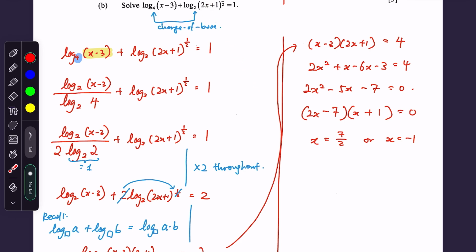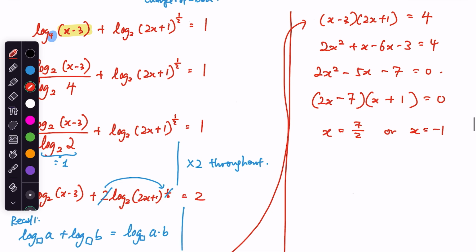However, when you take x equals negative 1 and substitute it into the first logarithm term, you have negative 1 minus 3, which is negative 4. Logarithms cannot take negative arguments, which means this second one should be rejected. Typically, when you reject certain answers, you should give a short explanation of why you chose to reject it.